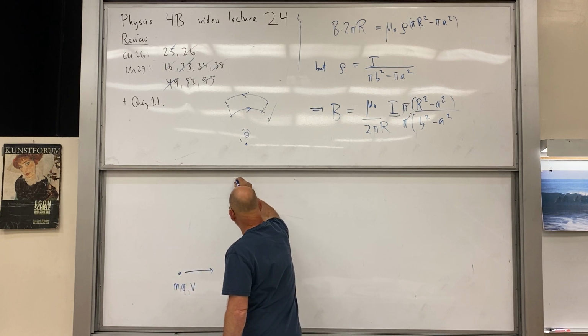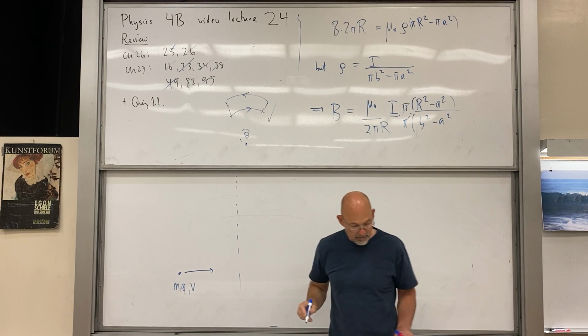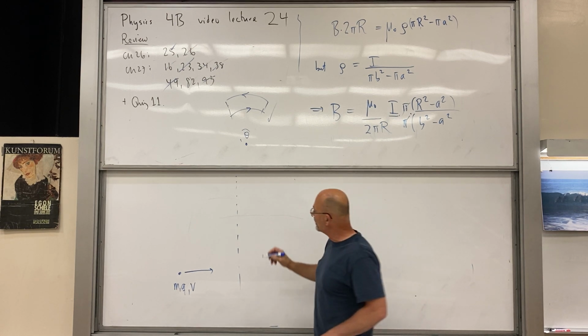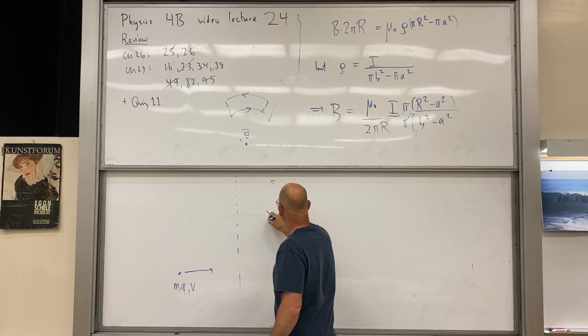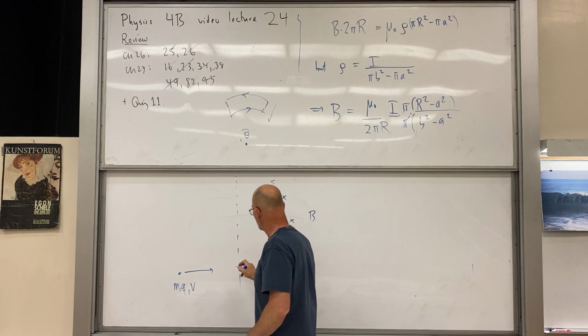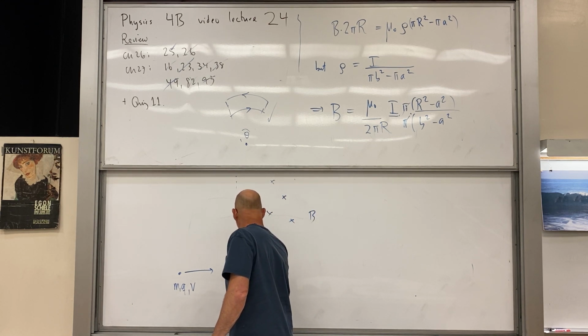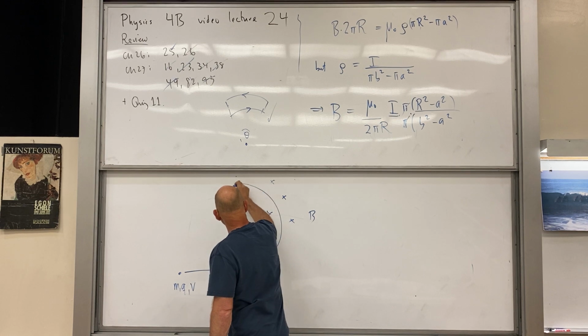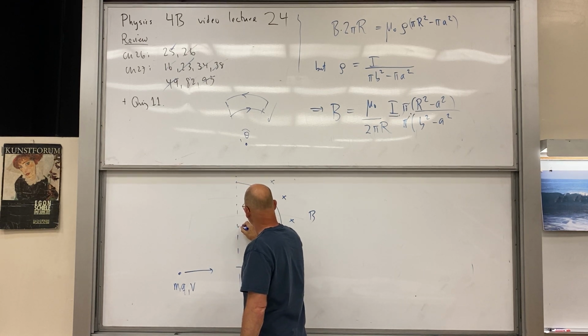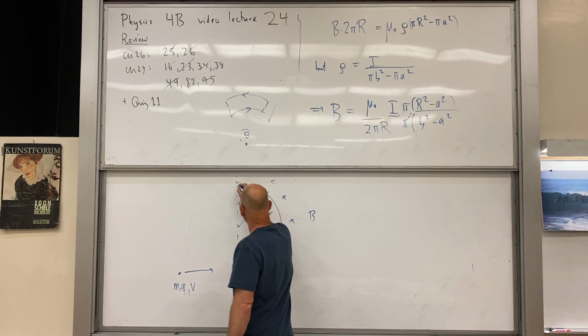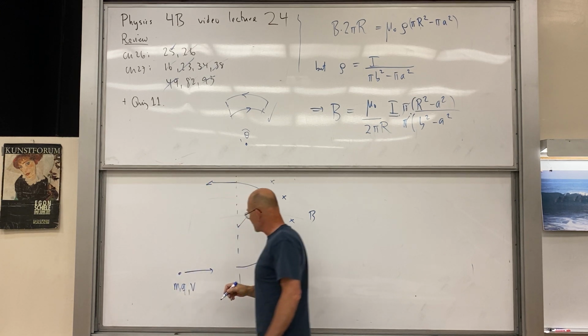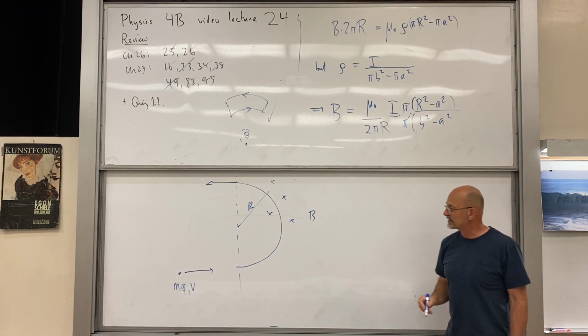As soon as it enters the region on the right here that has a uniform B field into the board, it bends into a semicircular arc of radius r, and then it zips out the same direction it came in. Okay.